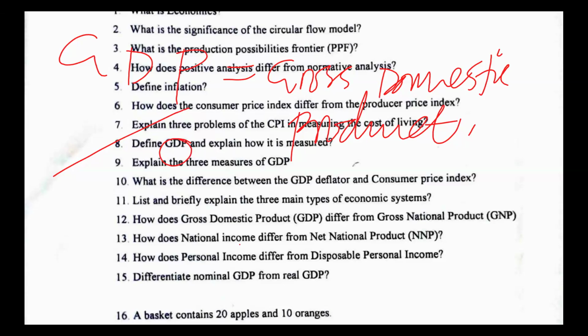That is properly measured using GDP, the gross domestic product. Okay, so that's what GDP is like. GDP basically should be defined as a measure, right?